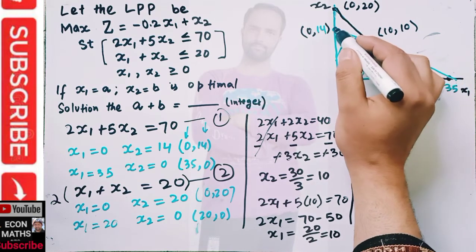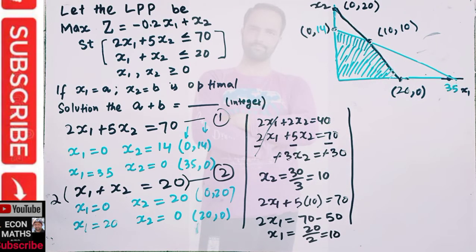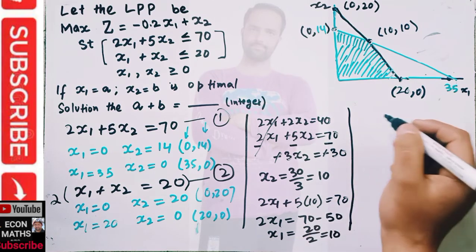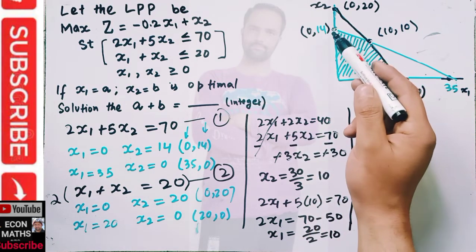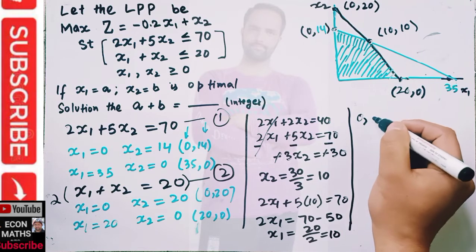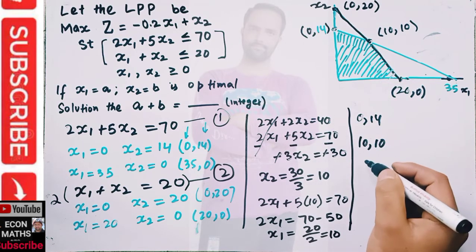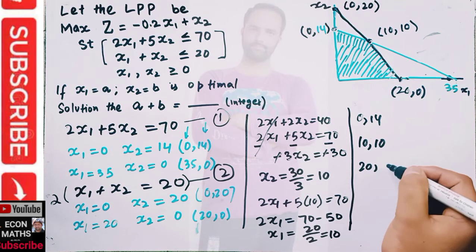Now we have 3 points, and at these 3 points we need to find the maximum possible value of x1 and x2 which gives us the maximum value of z. So the points we need to focus on are 0, 14, then 10, 10, and then 20, 0.